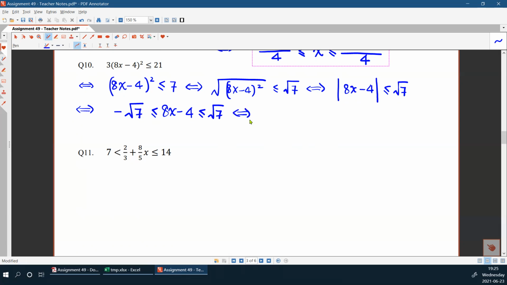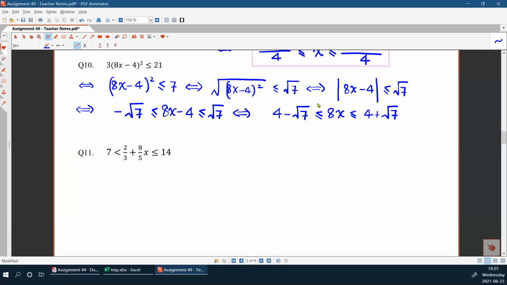This is equivalent to, we can add a 4 to all sides. So 4 minus square root of 7 smaller than or equal to 8x smaller than or equal to 4 plus square root of 7, right?